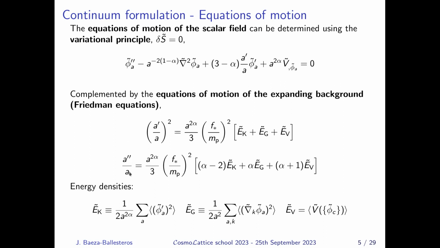So rather than using both equations to solve for the dynamics of the scalar field, we will consider this second equation as the equation of motion, and we will solve this second Friedmann equation together with the equation of motion for the scalar field, while the first Friedmann equation will be used as a constraint to verify that we are conserving energy properly in our system.